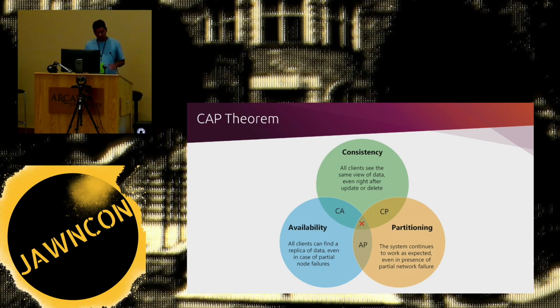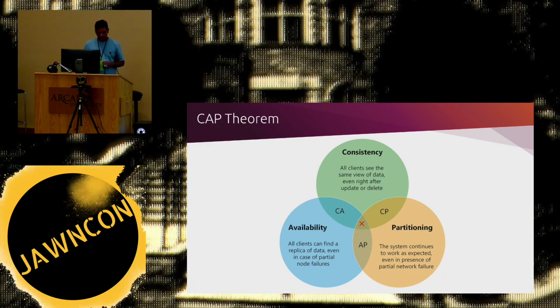CAP stands for consistency, which means that all of the clients view the same data. That means that if I write some data to a database and then query it, I expect to get the data that I wrote. I don't expect to get stale data that was in effect before my write.